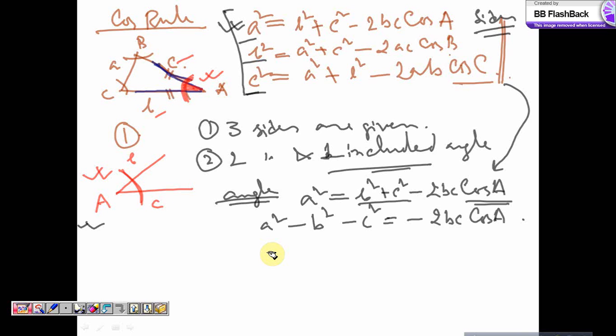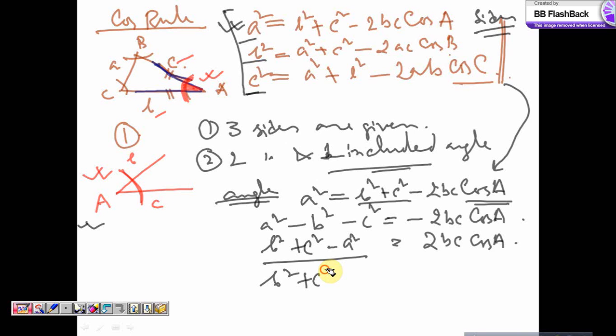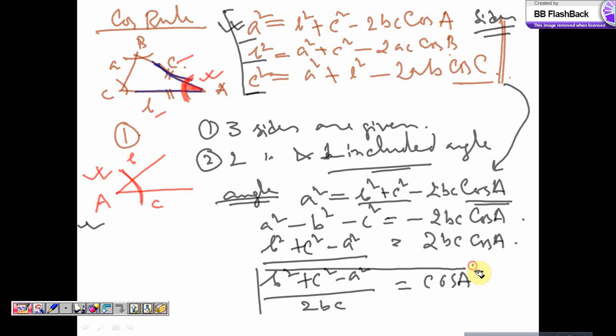Now I take the minus sign common, so here it is b square plus c square minus a square, and here is 2bc cos A. Now you can write b square plus c square minus a square by 2bc is equal to cos A. This is the important expression that you can use when you have to find the angle while using this cos rule.